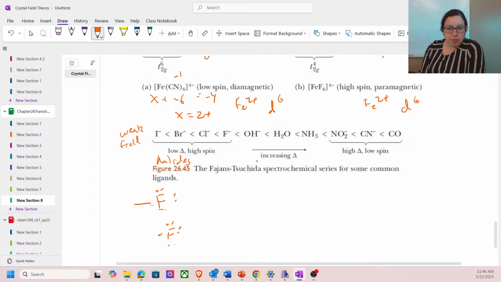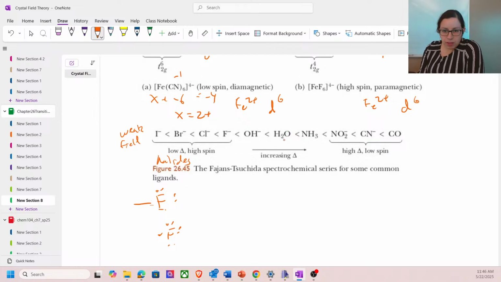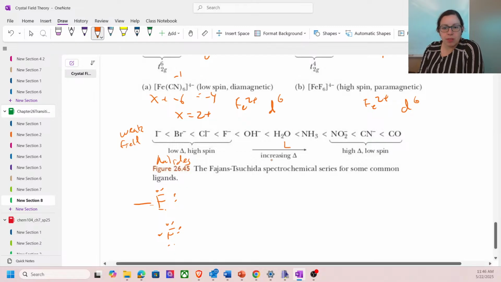Now we kind of go down the line. These get weird. These are harder to predict, whether they're going to be high spin or low spin. It could depend on the compound. But these tend to be L-type. They're neutral.